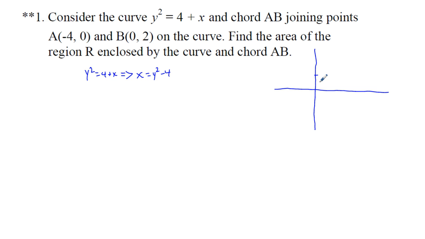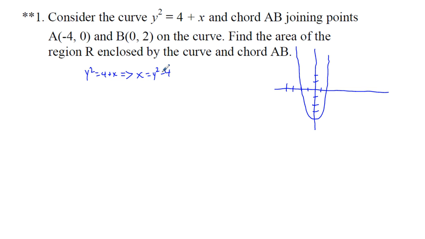And x equals y squared minus 4 is going to be very similar to this one here, which is y equals x squared minus 4. Here's y equals x squared minus 4, and I didn't put in all the other points.